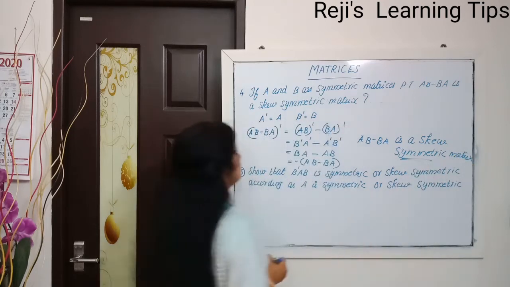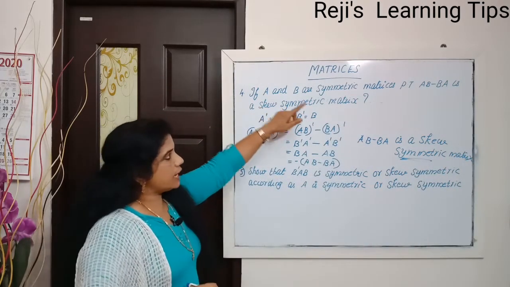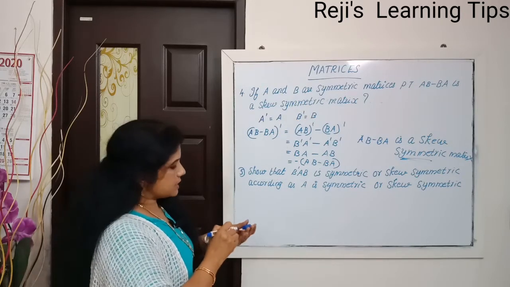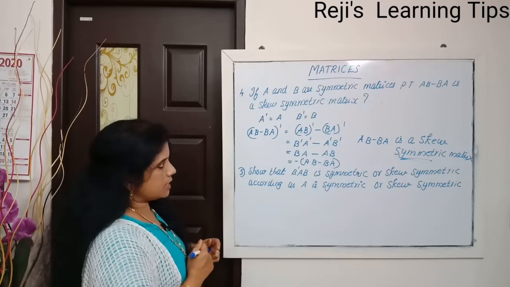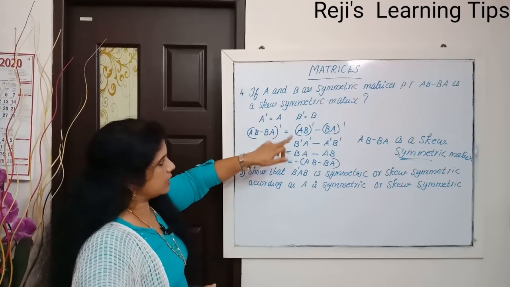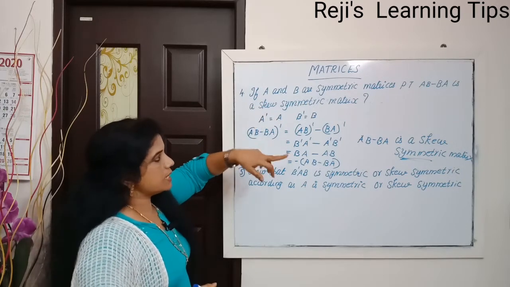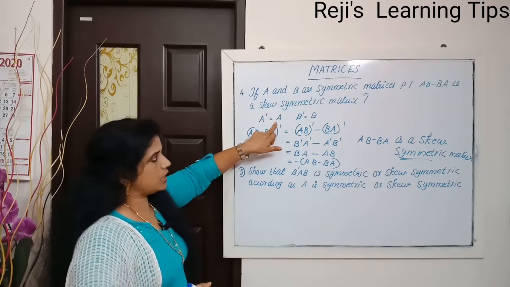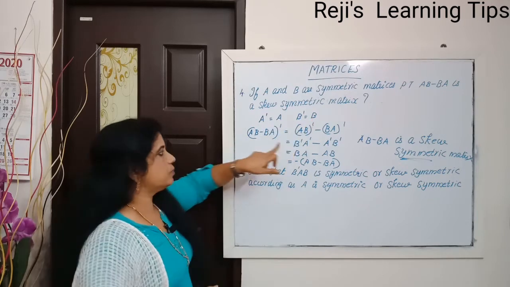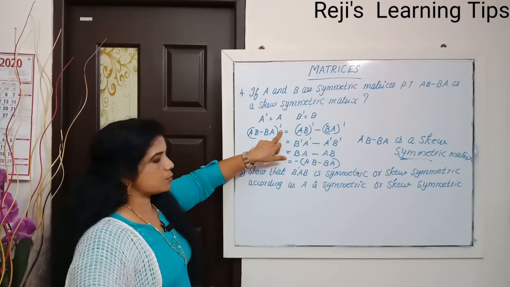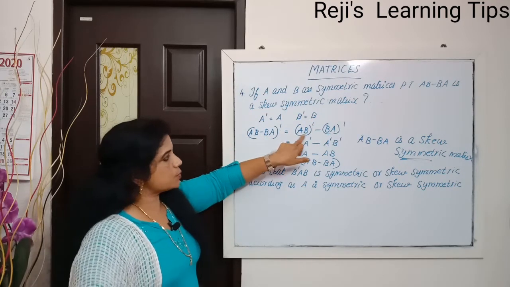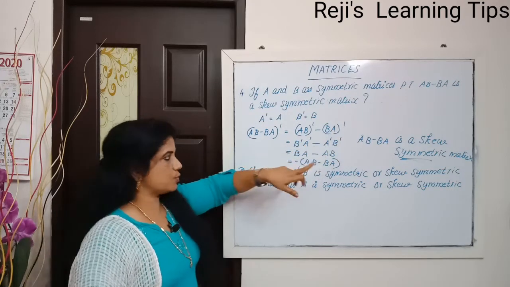Once again, if A and B are symmetric matrices, prove that AB minus BA is a skew symmetric matrix. A and B are symmetric means A transpose is equal to A, B transpose is equal to B. (AB minus BA) the whole transpose is equal to (AB) the whole transpose minus (BA) the whole transpose.